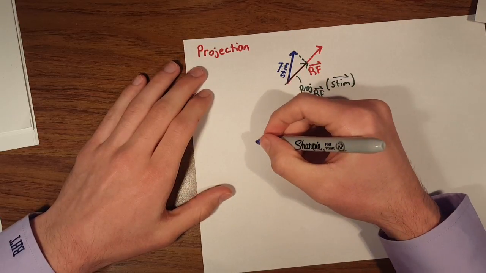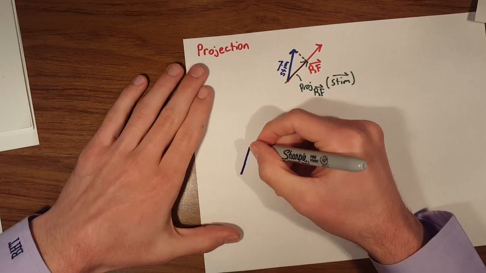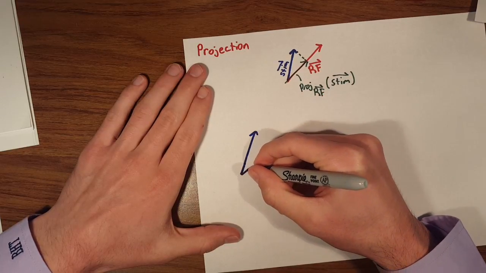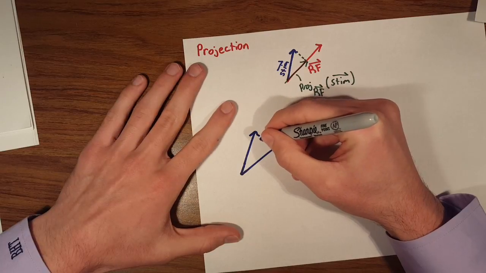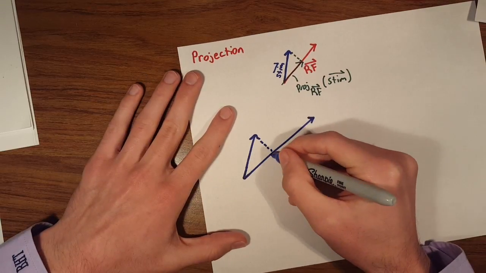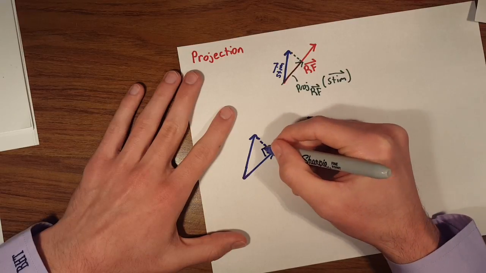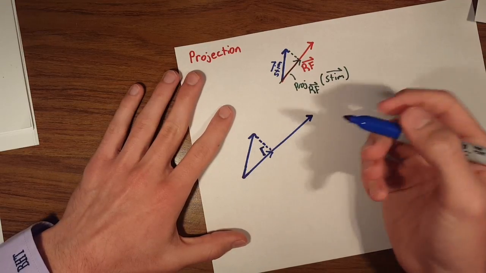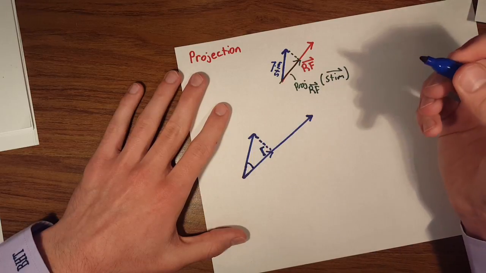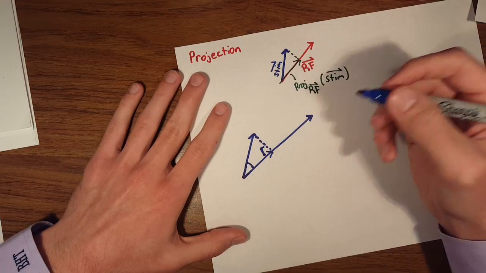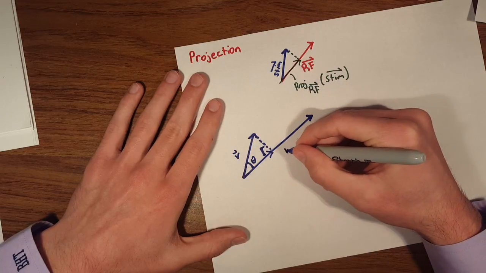As you'll remember from trigonometry, if I have vectors like this, and I want to find the projection, what I'm asking for is I want to find this vector. So this is a right angle here. Sorry, that's not drawn well. And you'll remember that we have an angle here, and this is a vector v, and this is a vector w.